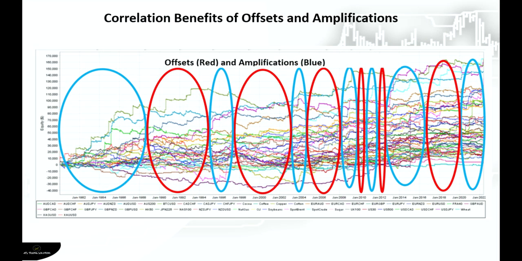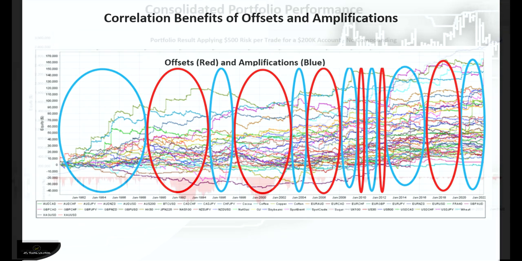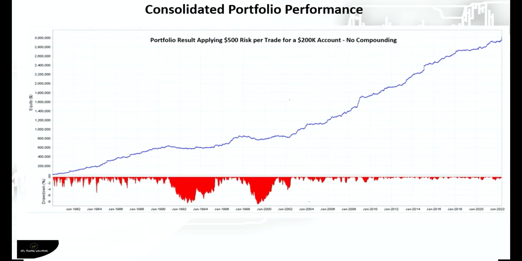Now, while this chart of spaghetti provides a display of the performance of an 8-system ensemble of trend-following systems applied to each different market, let's see what happens when we compile these individual return streams into a consolidated performance result. So here we are.